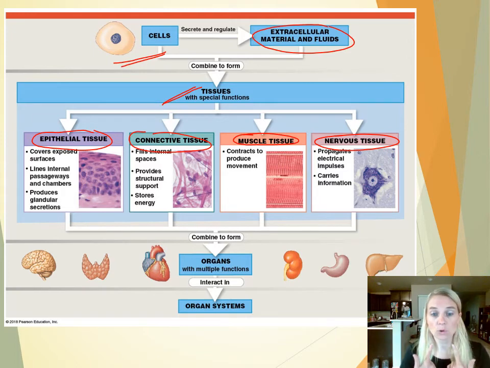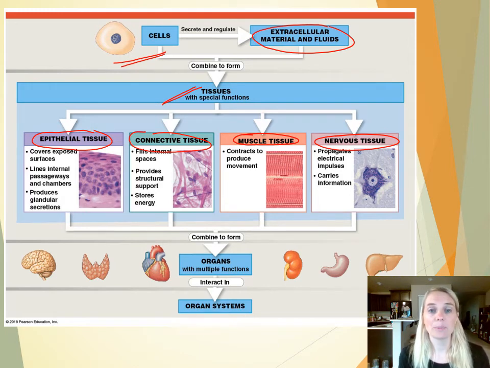So think of the respiratory tract, the lining of your nose and mouth and throat and esophagus, trachea and bronchi, all the way down to the alveoli of your lungs. Digestive tract, so mouth, esophagus, stomach, small intestine, large intestine, all the way out to the rectum and anus. Urinary tracts, reproductive tracts, blood vessels, lymph vessels, those are all lined by epithelial tissues.